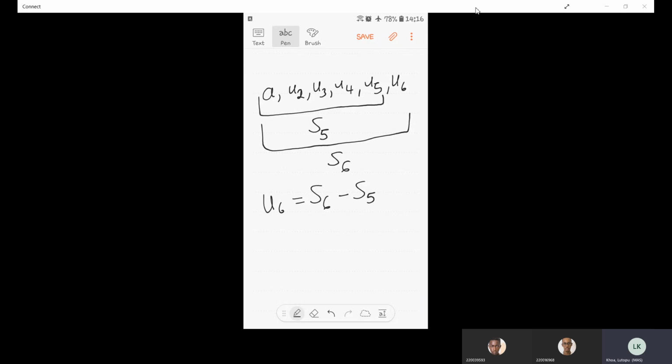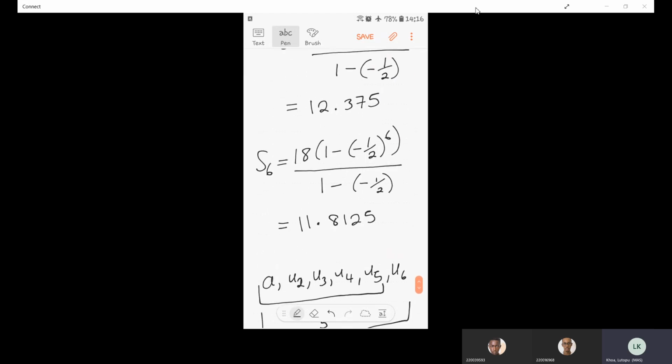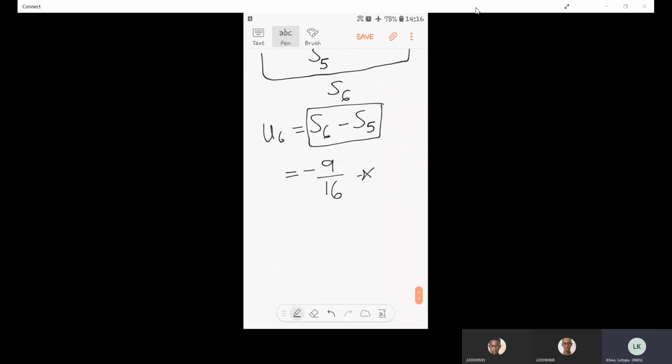So when I do that, what I get is -9/16. When you work this out using this formula, be careful that you don't use the rounded off answers. If you use the rounded off answers, you will see it is not exactly that one.